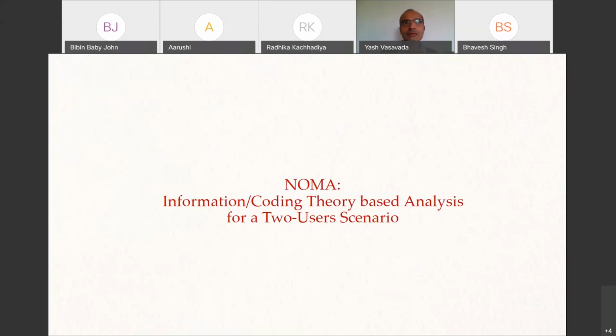So there the focus is on the actual signal processing algorithms. Now that area of NOMA research is not the one that we are going to be looking at today.